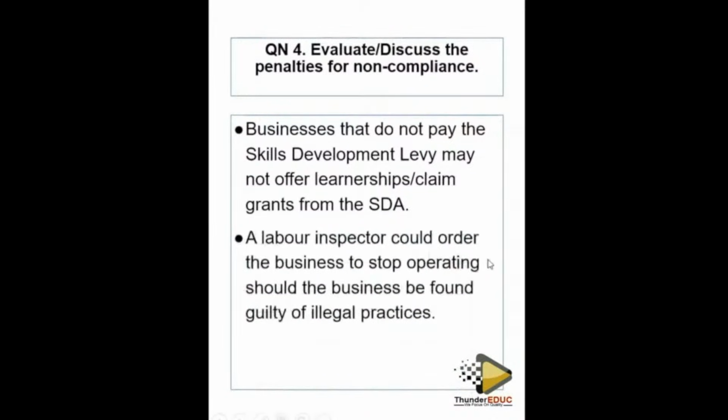a labor inspector could order the businesses to stop operating should the business be found guilty of illegal practices. Yes. This one, if you still remember, I spoke about legitness.